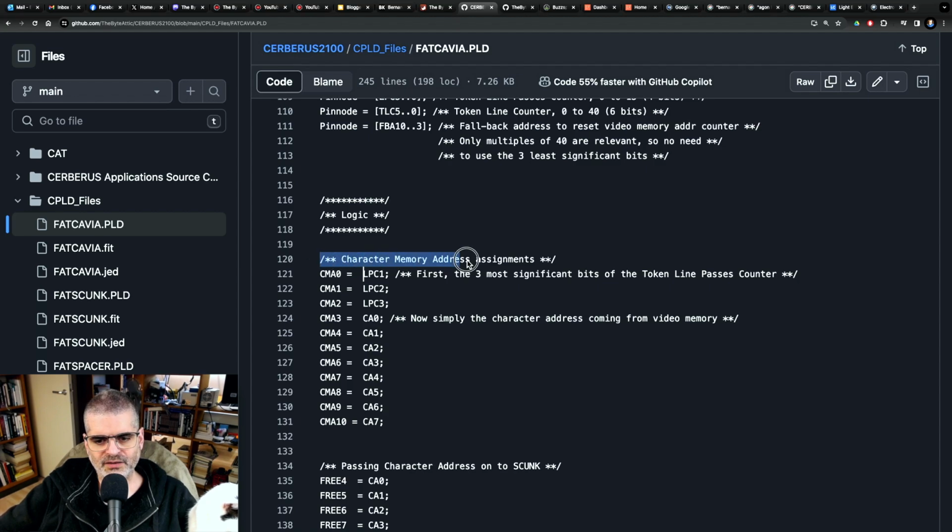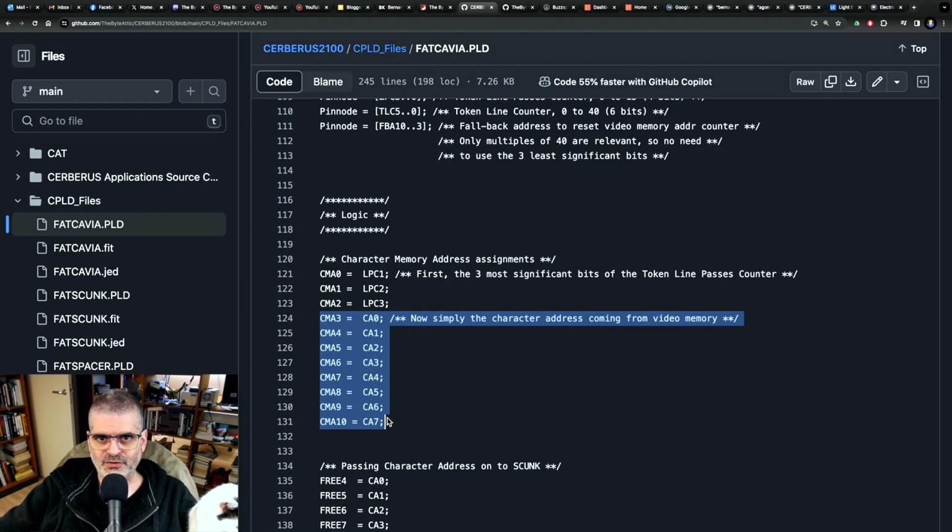First, we assign the values to the pins that correspond to the character memory address. Remember, 11 bits. So, as we discussed earlier in this video, the 8 most significant bits, which I call the character address, are basically the character identifier. It's a byte that tells me which character it is.